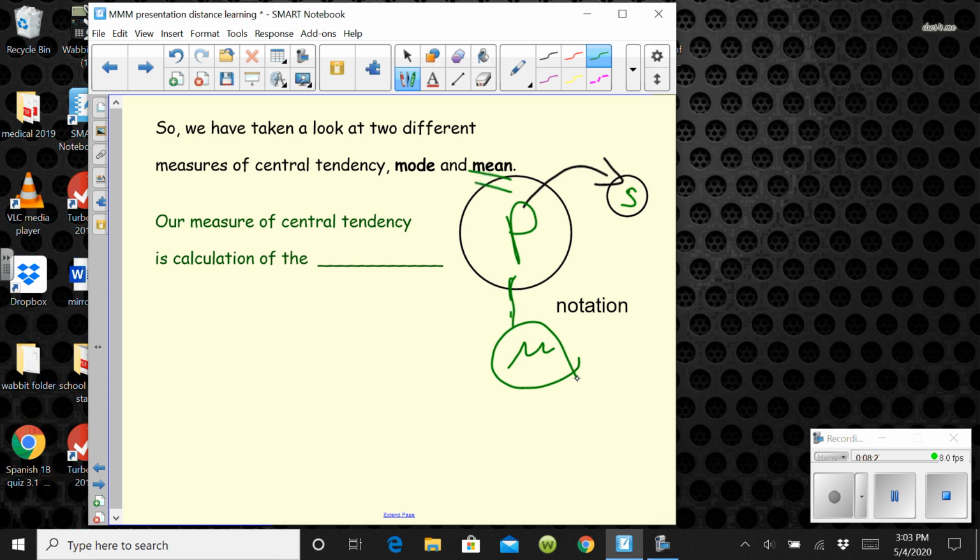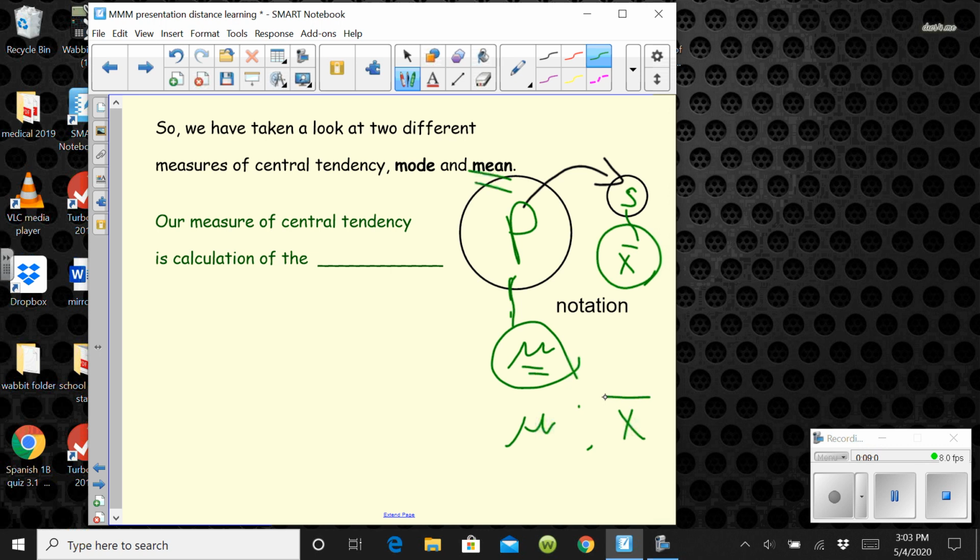It's actually like an M, but it looks more like a U with a tail on it. And if the data came from a small sample, then the mean of that data is represented with an X with a little bar over it, X bar. So if you're reading statistics books, mu and X bar are both symbols for the mean, the average.